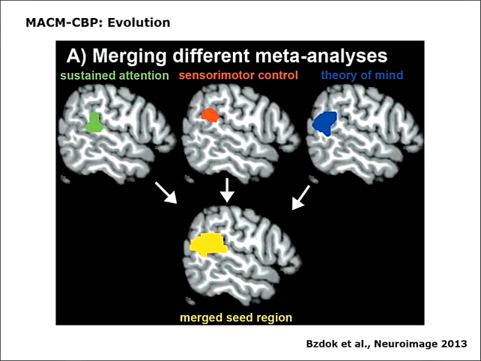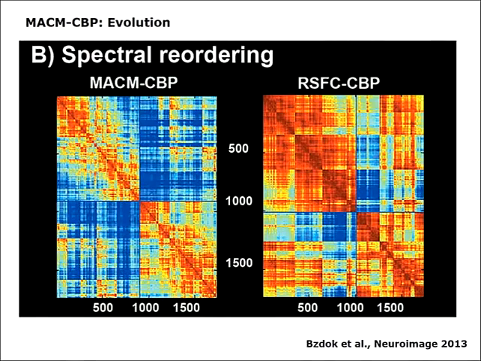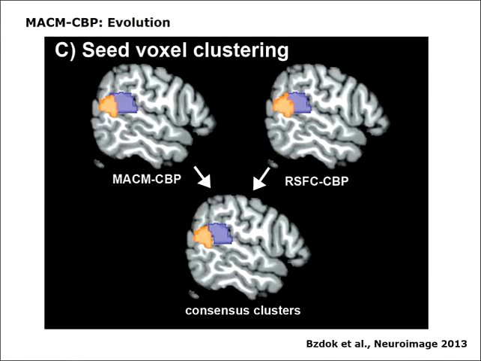Okay? So then the question is, of course, do these 3 literatures that don't really talk to each other talk about the same parcels or not? And it turns out that in this example we had 2 and not 3 parcels. So there could be 2 connectionally coherent entities in the brain that relate to these 3 different types of literature.